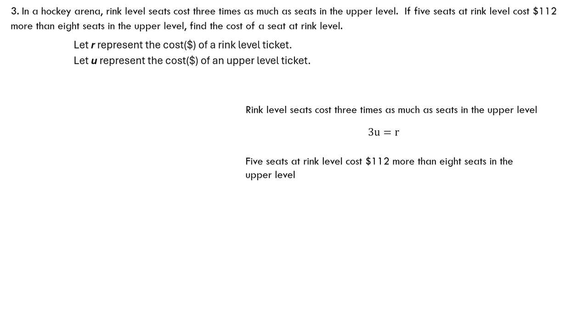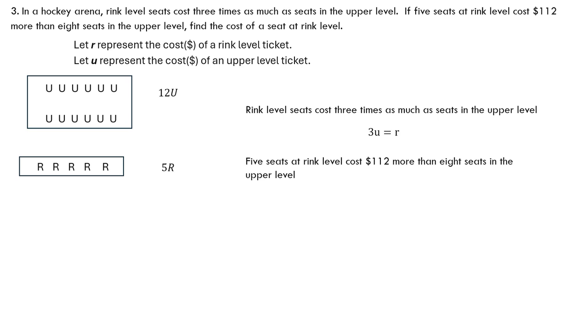5 seats at rink level cost $112 more than 8 seats in the upper level. This is a little bit more complex, so we'll draw a little diagram to help us make sense of this. So we've got our 5 rink level seat tickets and our 8 upper level seat tickets. And they're telling us that the 5 seats at rink level cost $112 more than the 8 seats in the upper level.